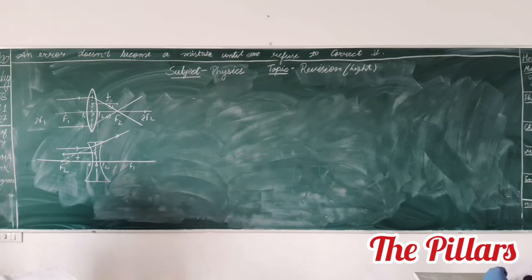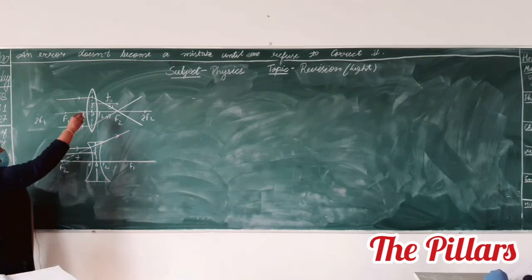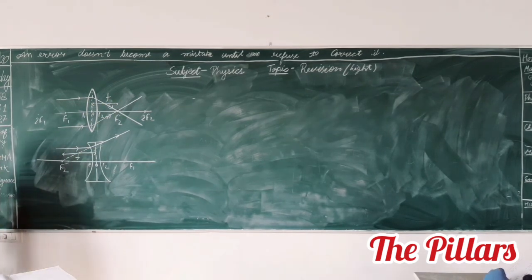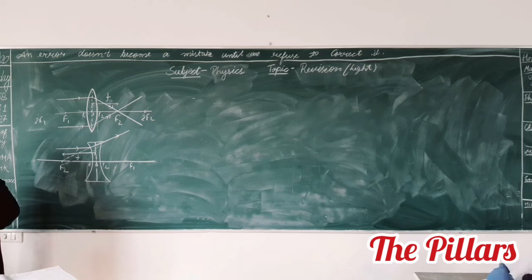Then Meera, tell me, what will be the sign of this F here for convex? Very good. If it is not negative, it is positive. What did I say?